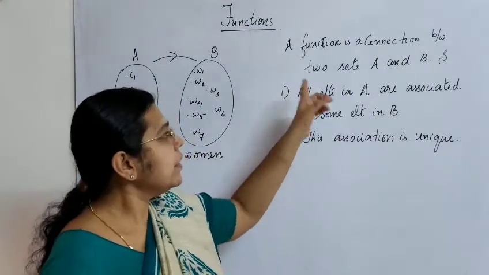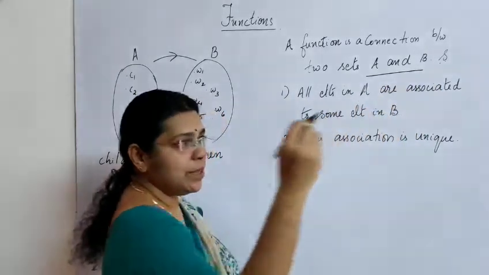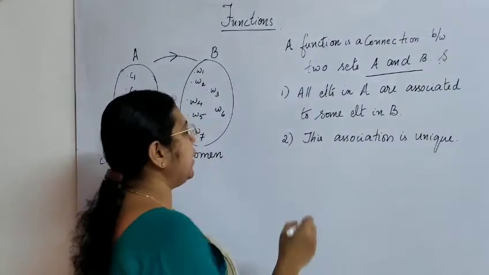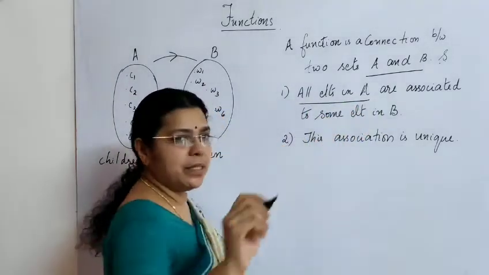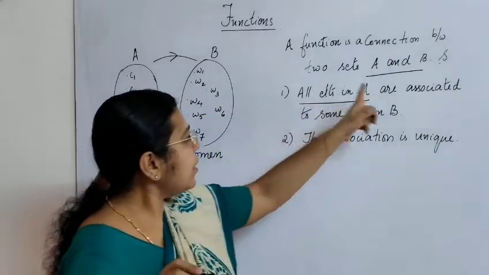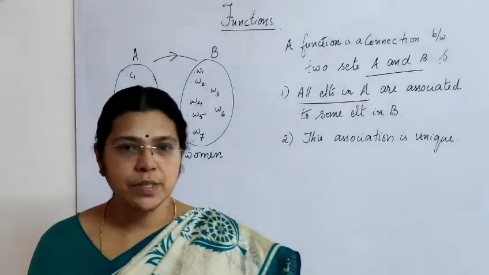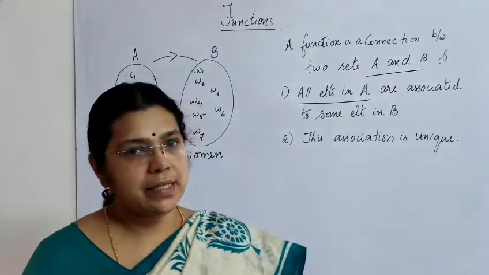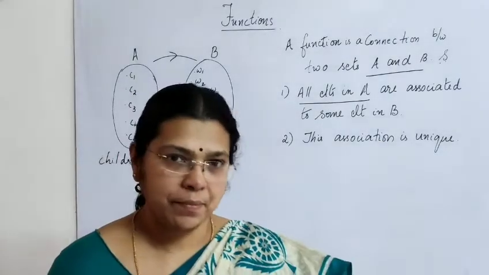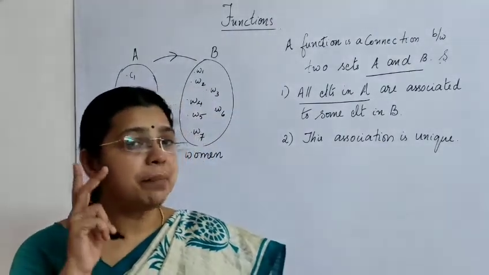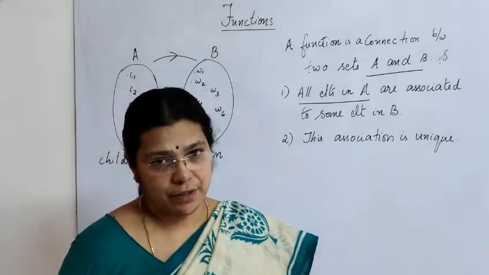So, I repeat, for two sets A and B, the function is from set A to set B. All elements in A are associated to some element in B. And secondly, this association is unique. That means there are two things which make a relation a function.